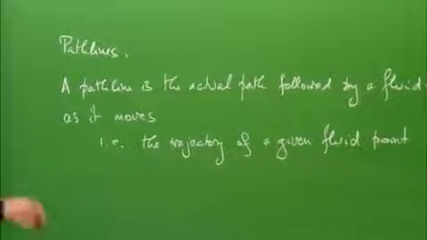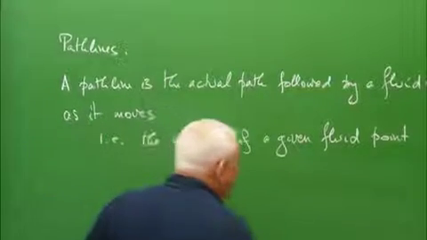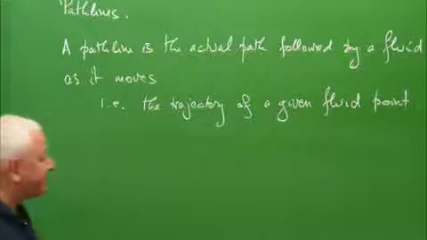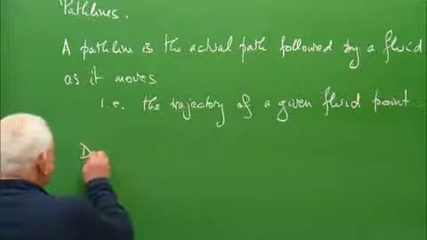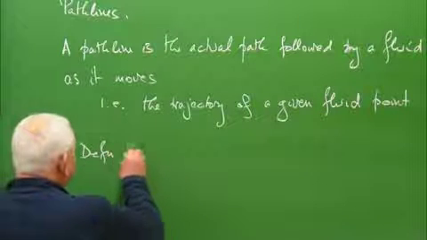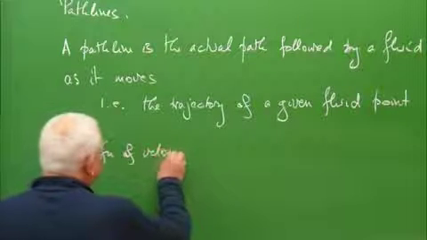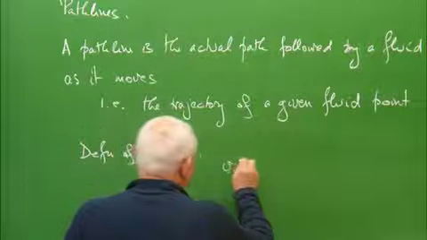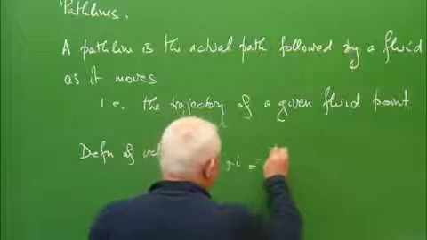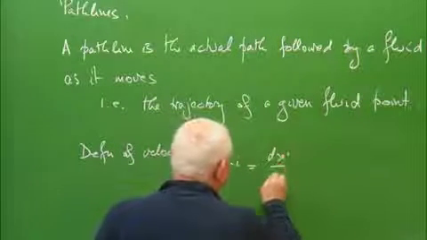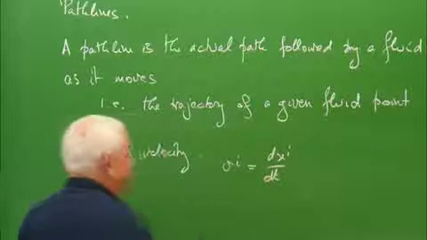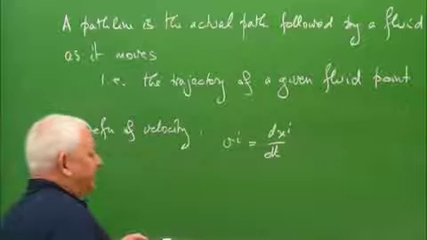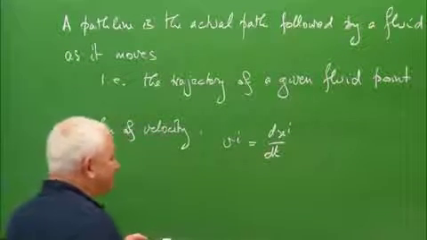And we need to set up the equations that give us this path, and for this we use the definition of the velocity. The definition of the velocity is that the ith component of the velocity is the rate of change with respect to time of the position coordinates of the point of interest.